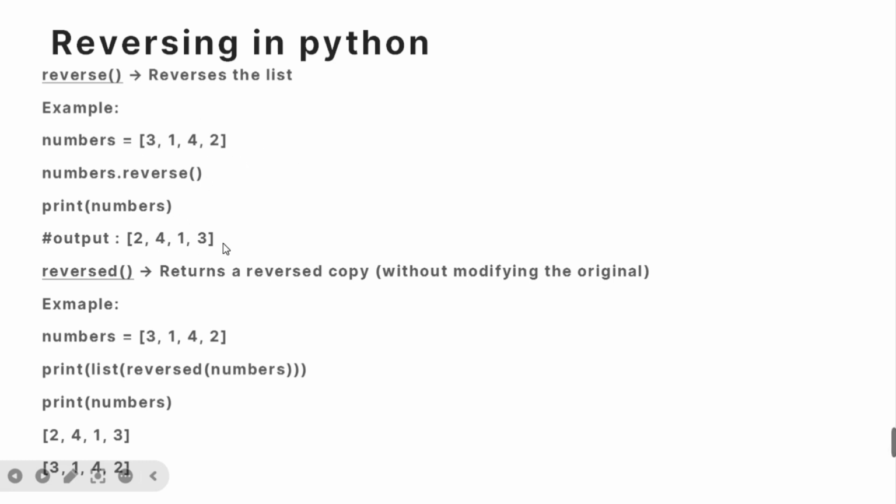If you use reversed, again it is going to reverse the list, but it is not going to change the original list, like we saw with sorted. So reversed of numbers, if I print it as a list, it is going to print 2 4 1 3.